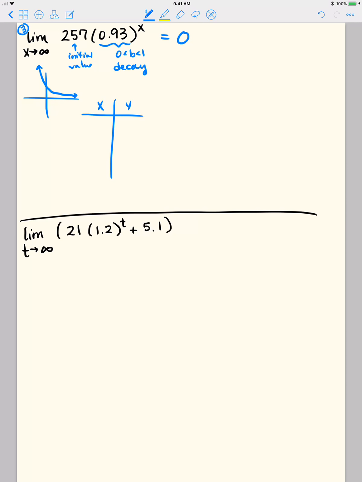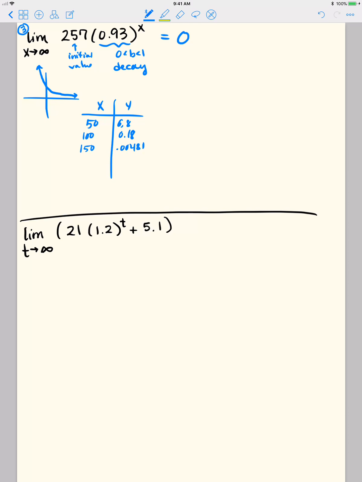So if I started and looked at 100 or even 50, at 50 it's like 6.8. And then if I go to 100, it's already down to 0.18. And if I go to 150, the numbers just keep getting smaller and smaller.